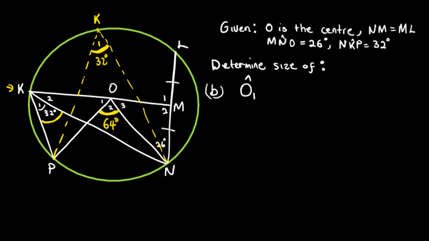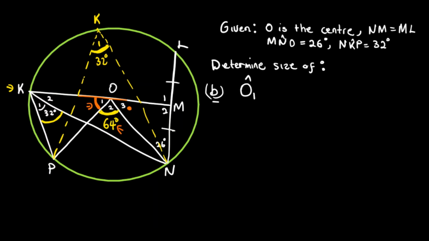Now part B says that we must determine angle O1. So now we are looking for this angle here. How do we find that angle? Considering that this is a straight line, and we already have 64 here, to find this angle here, we need to identify this angle here, O3, first.